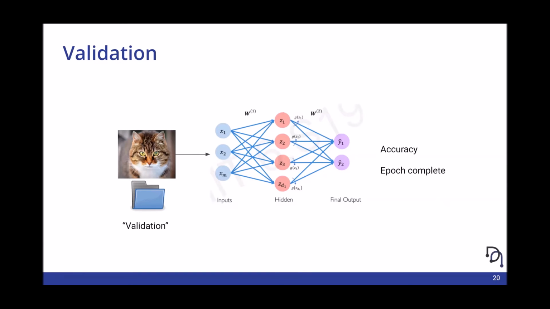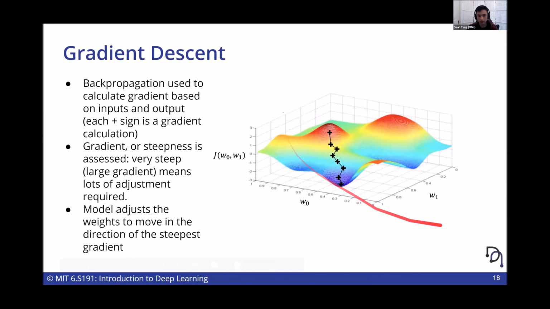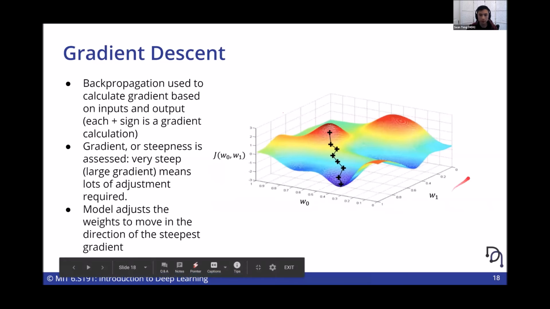So there's a question about, can a network correct itself if it goes down a wrong path? It doesn't work magic. As we said, there's a specific way of how it does things, namely this, most of the time.